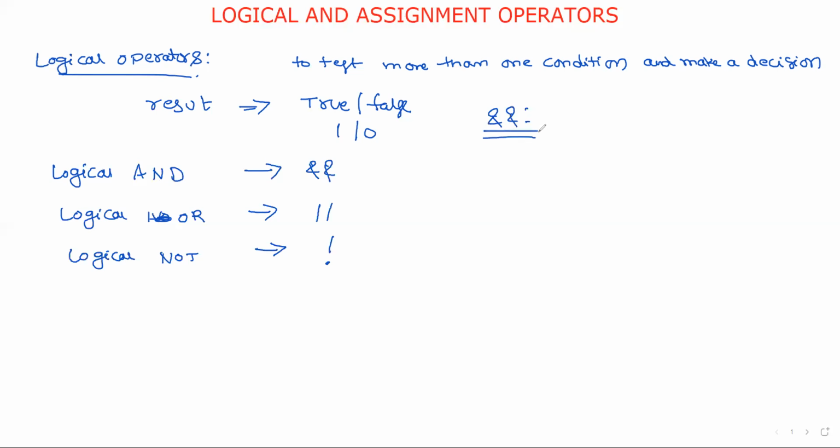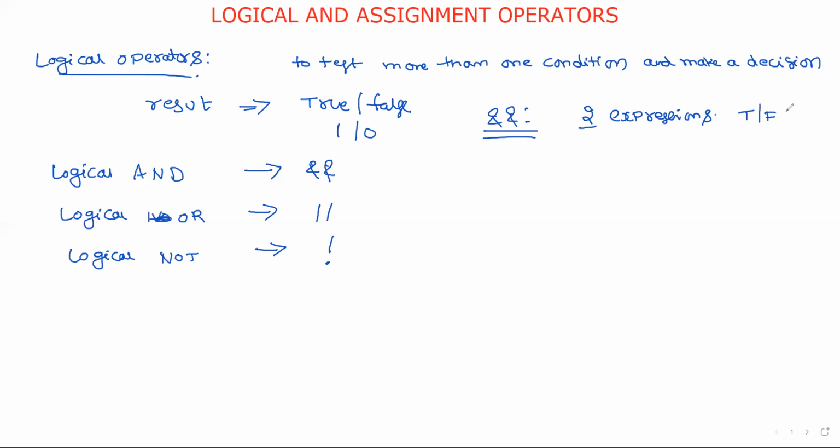The logical AND operation is applied between two expressions, and the result of each expression is either true or false.